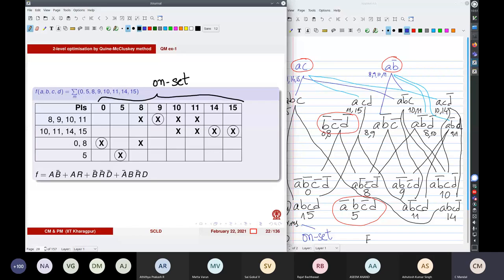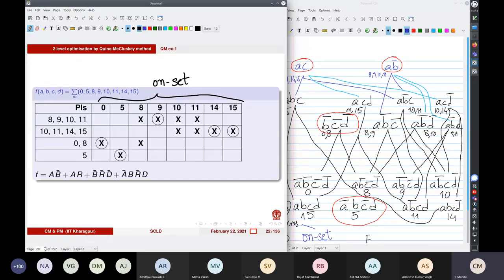5 is also a prime implicant, and this is the only prime implicant covering 5. So this is an essential prime implicant, all right? If you look at this, this is the only prime implicant covering 14 and 15. So you have to keep this, because if you don't, 14, 15 don't get covered.